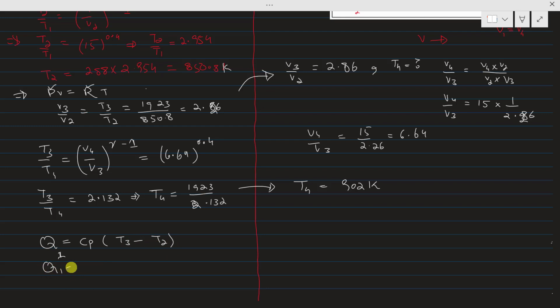So Q1 is equal to 1.005 into T3, 1923 minus T2, that is 850.8. So after doing simplifications on the calculator, you will find its value, that is 1077.56 kilojoule per kg.